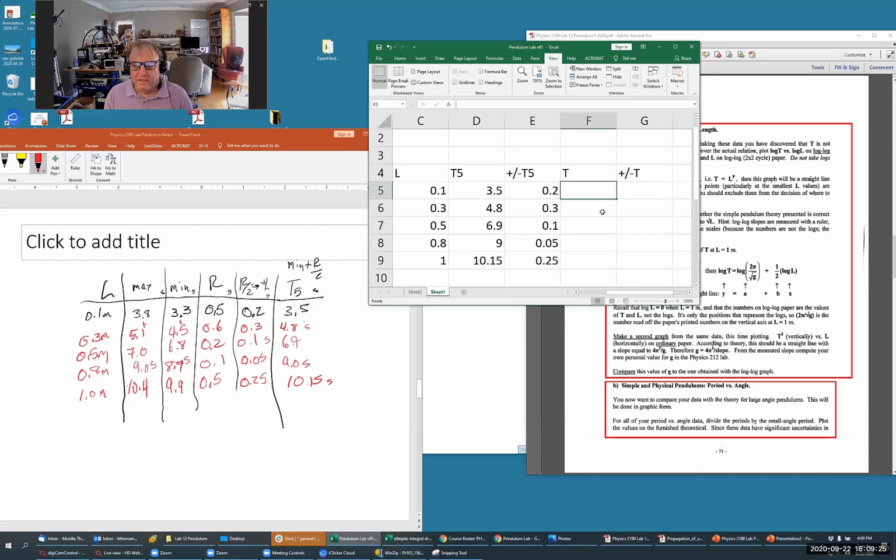And then remember, since this is for 5, T equals T5 divided by 5.